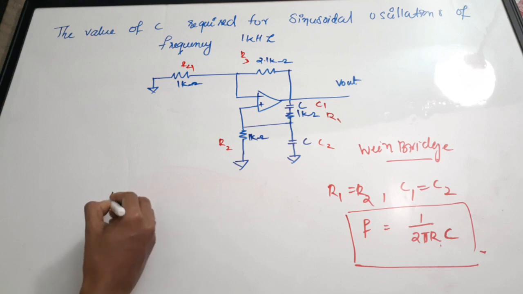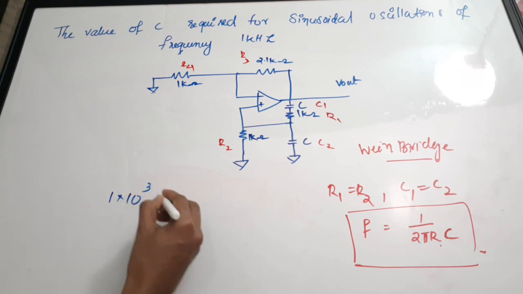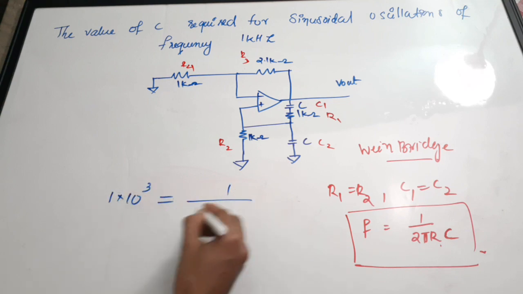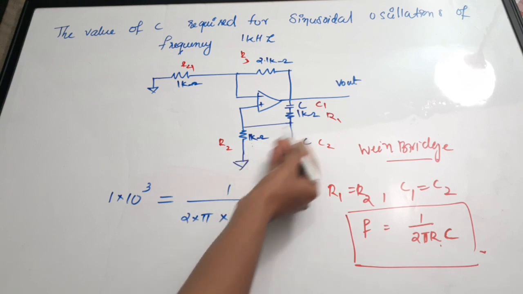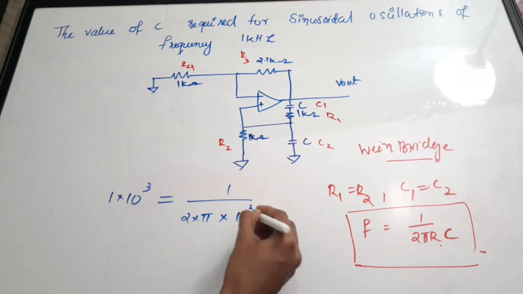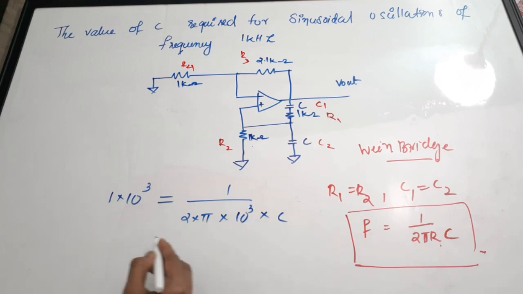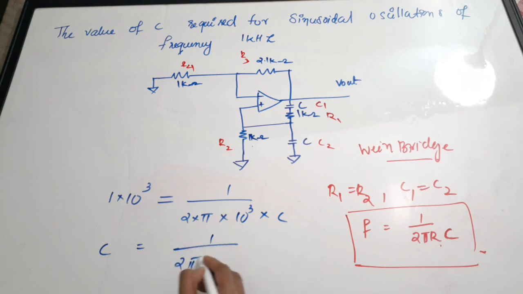F is 1 kilohertz, or 1 into 10 raised to 3 hertz, which is equal to 1 by 2 into pi into R, which is 1K, so 10 raised to 3, into C. So you'll be getting C is equal to 1 by 2 pi into 10 raised to 3 into 10 raised to 3, that is 10 raised to 6.